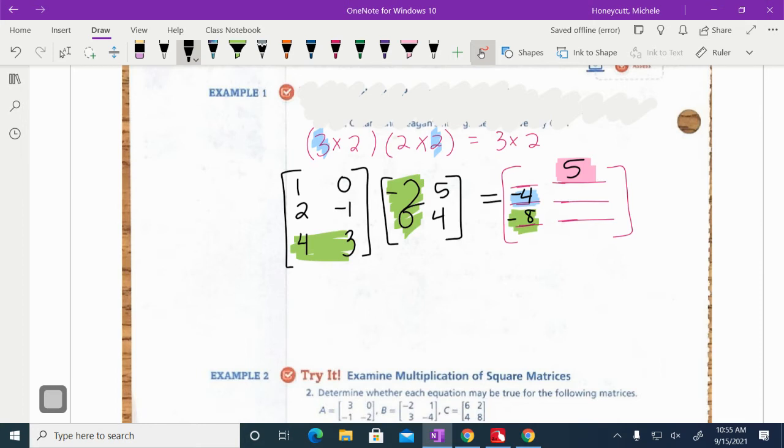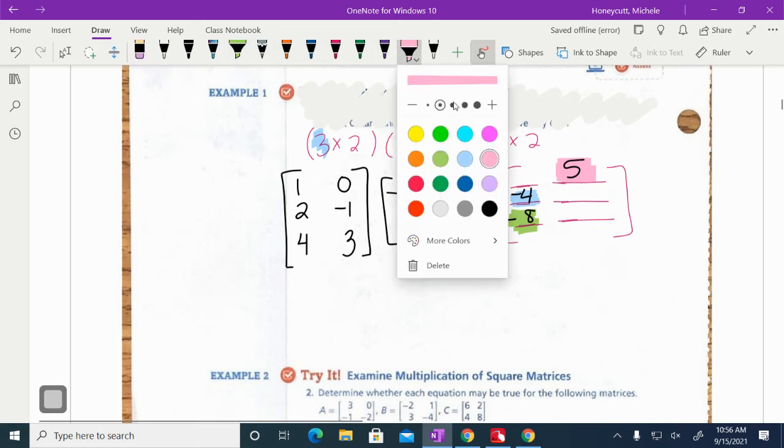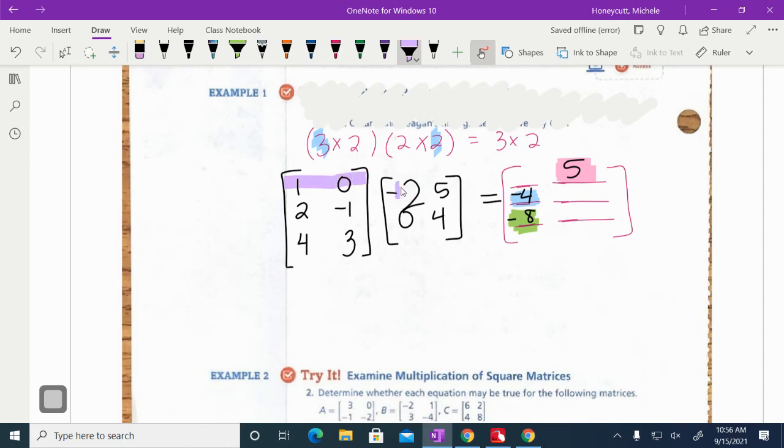You guys find the other 3 elements. I'll highlight 2. Multiply row 1 by column 1, you get element 1, 1.